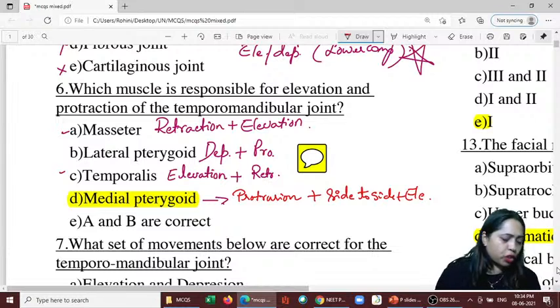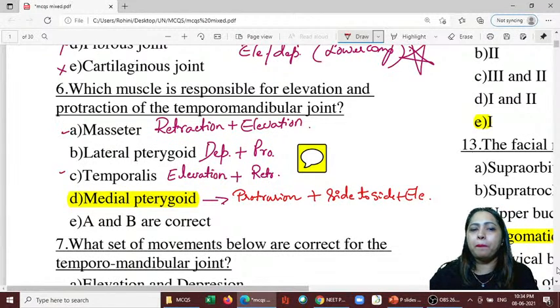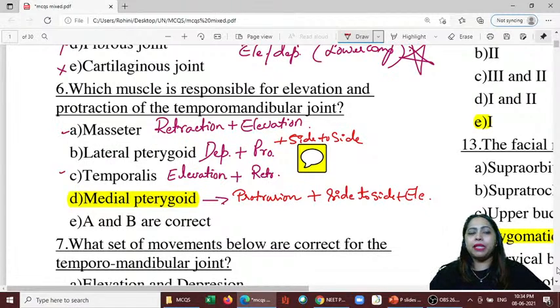It will do protrusion, side to side, plus elevation. This also will do side to side. It is like chewing. So lateral and medial pterygoids will do side to side movements like chewing.